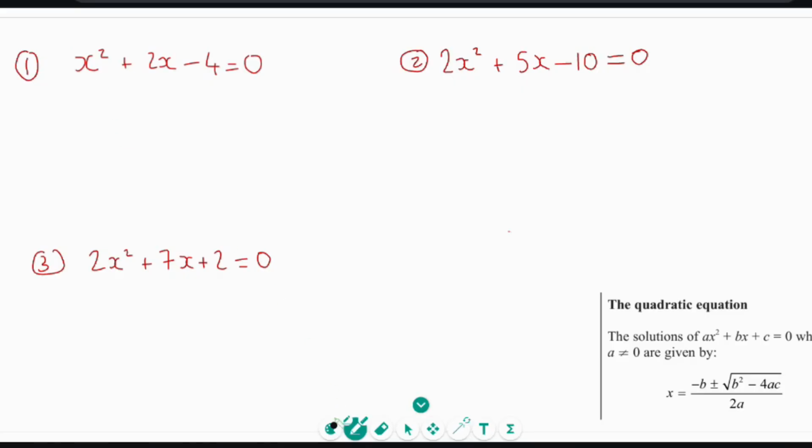So for this first question, we have a is 1, b is 2, c is negative 4. Put it into the quadratic formula. Minus 2 plus or minus the square root of 2 squared minus 4 times 1 times negative 4, all over 2a.